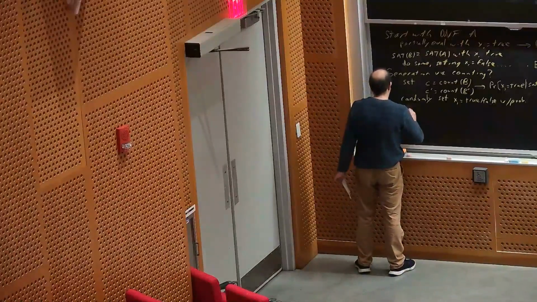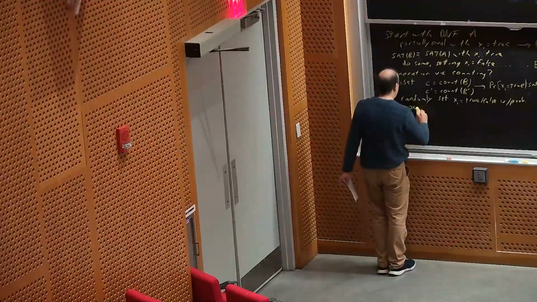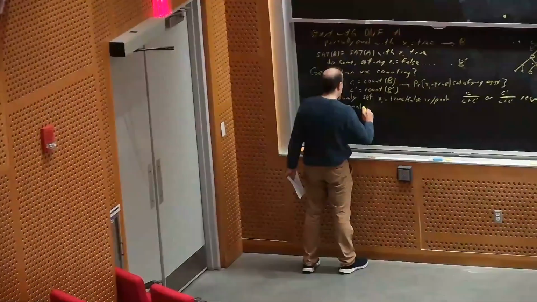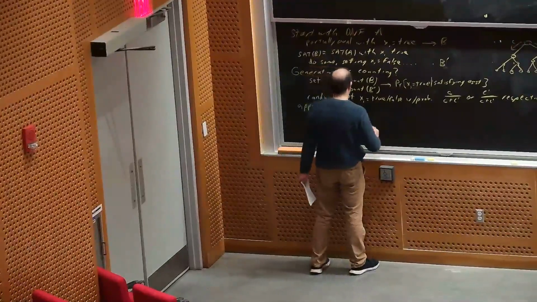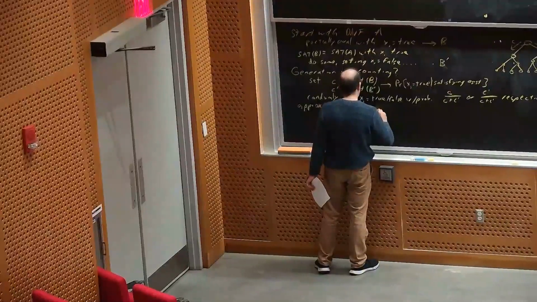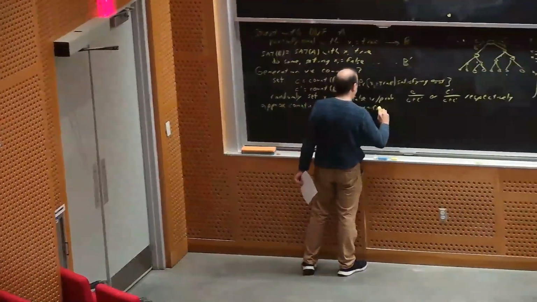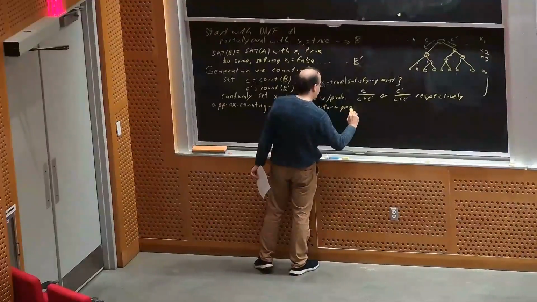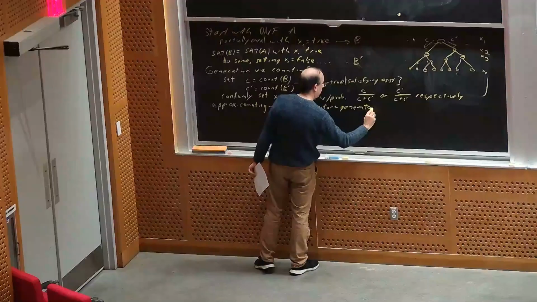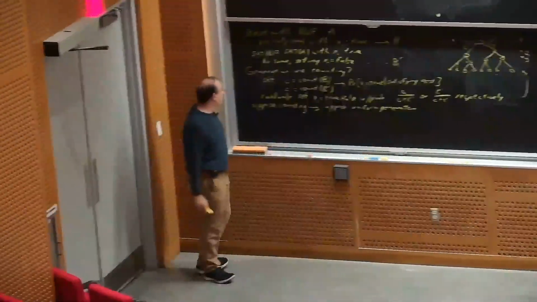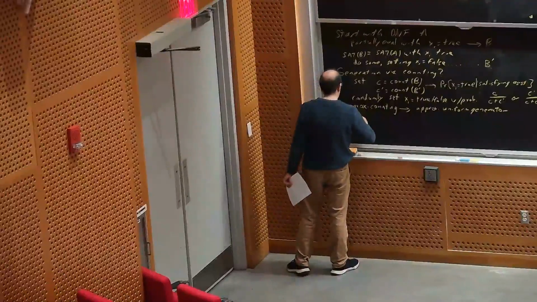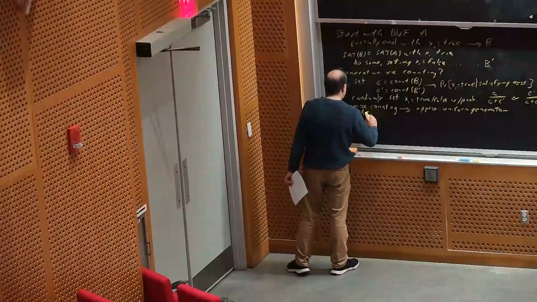So it's no harder, but takes a little bit messier notation to show that you can transform an approximate counting algorithm into an approximately uniform generator. And by approximate here, I mean FPRAS.